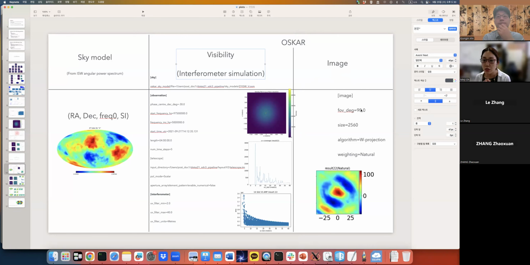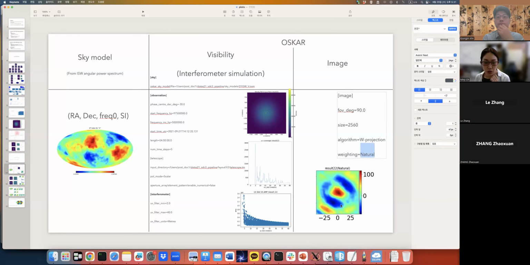Because we are very interested in large scales, the field of view is pretty large, 90 degrees. OSKAR provides a couple of options for the image algorithm, like simple FFT, discrete Fourier transform 2D, 3D, and W projection. Since we are dealing with very large scales, I think W projection is the option we want. For the weighting, there are natural, uniform and radial weighting, but again, since we are interested in large scales, I think natural weighting is the one we want.